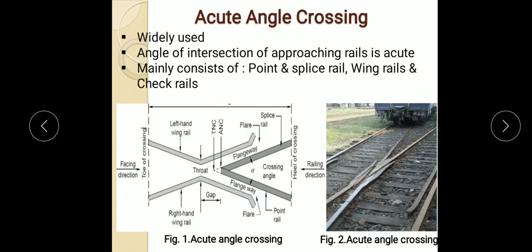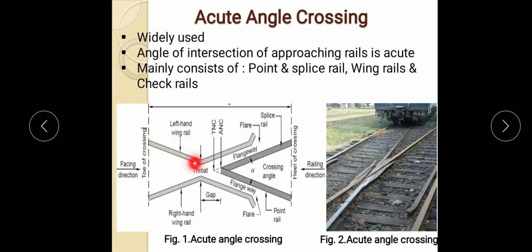First is the acute angle crossing, and such types of crossing are widely used. It is called an acute angle crossing because the angle of intersection of approaching rails is acute, and it mainly consists of point and splice rail along with the wing rails and check rails. Here figure 1 shows an acute angle crossing, in which we can see the wing rails are provided.